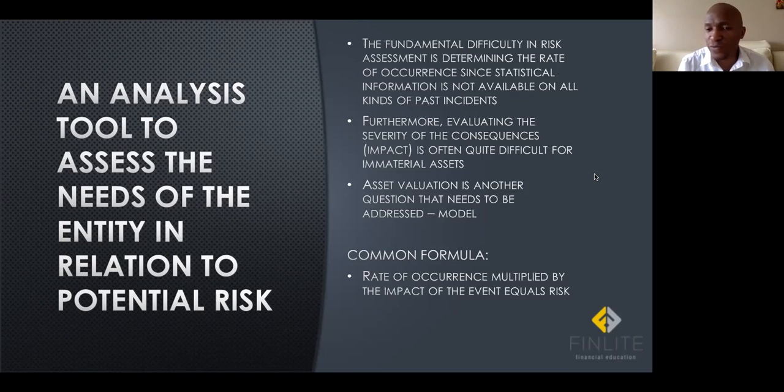For instance, if you live in certain locations, when you're trying to take car insurance they'll tell you that location is high risk, so the likelihood of that event occurring is higher, and therefore the risk is higher. So that is a common formula used in the risk industry to determine how much risk or impact there can be.